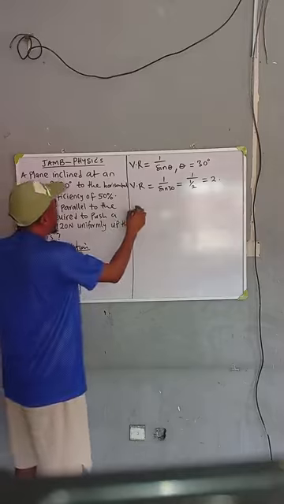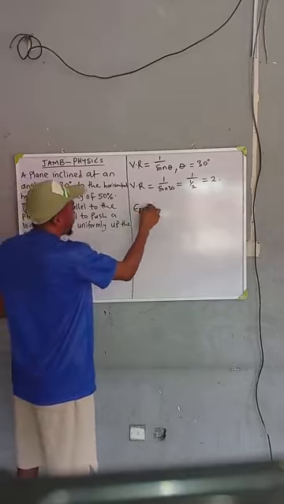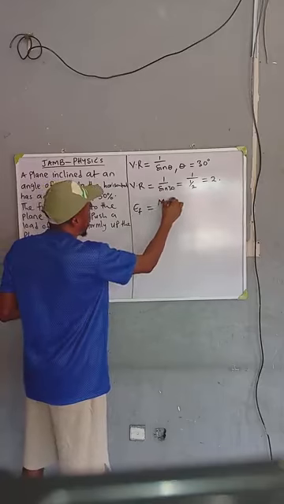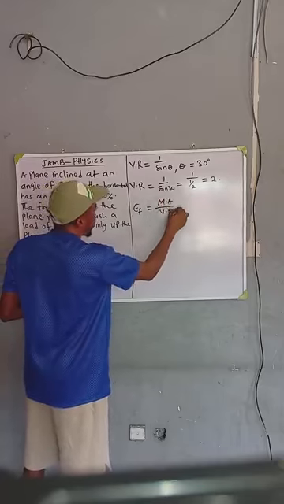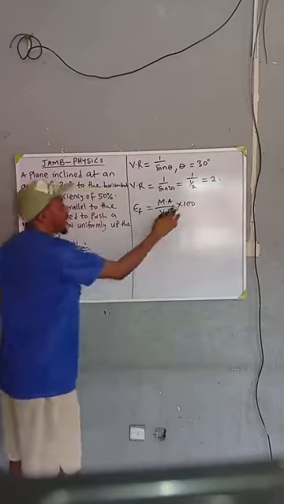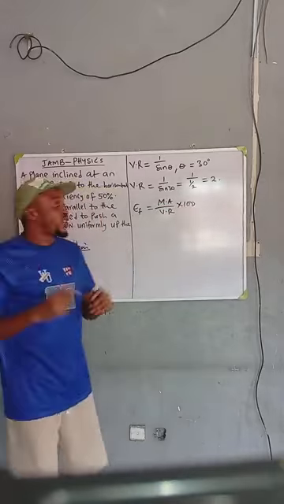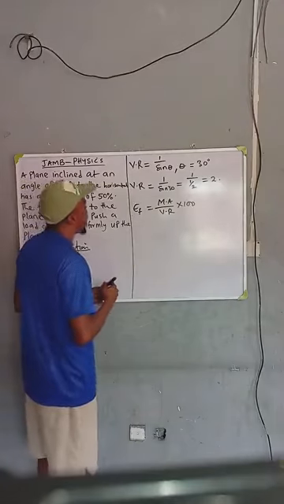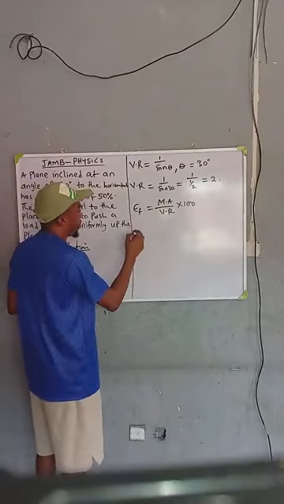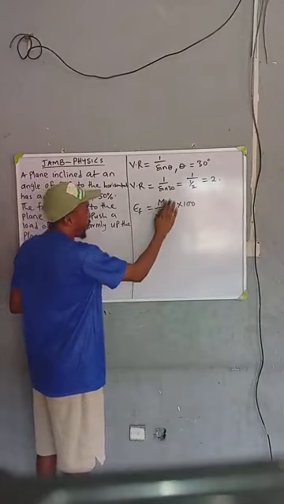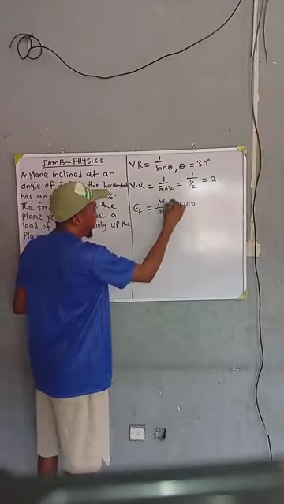We recall that efficiency is mechanical advantage over velocity ratio times 100. That is, efficiency is expressed in percentage. Now we have this, we can simply substitute. But don't forget, we have a formula for mechanical advantage, MA.